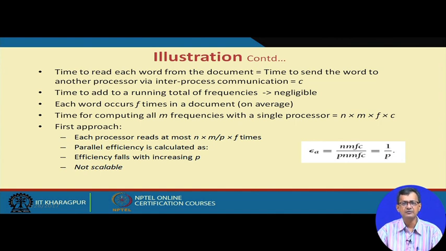These are very vanilla considerations. We take that all have more or less the same frequencies, there is negligible time for any aggregation, and for all the time to read, write and other operations we are considering C. Considering this, we get 1 by p.